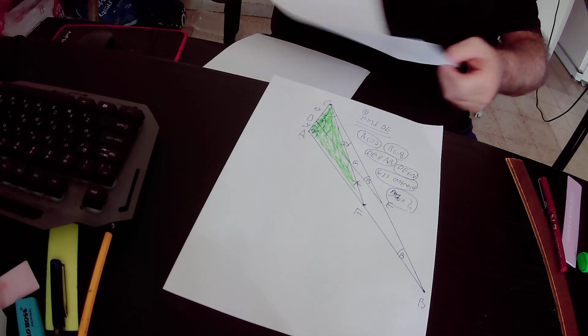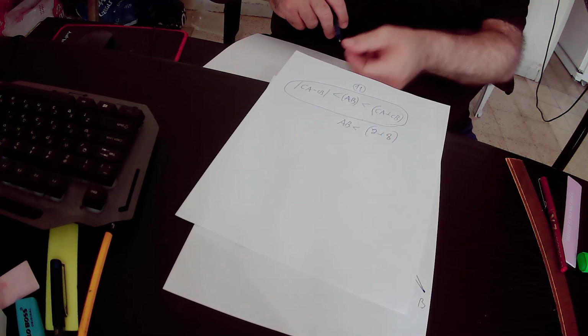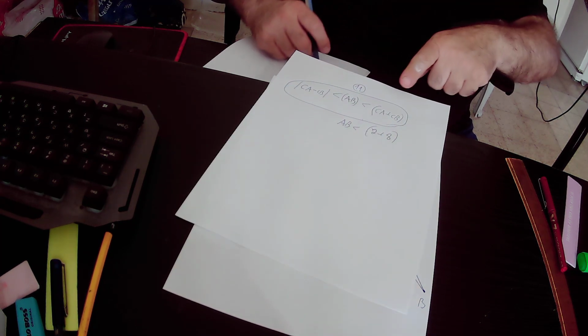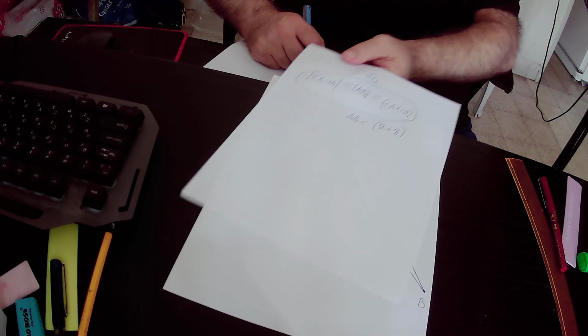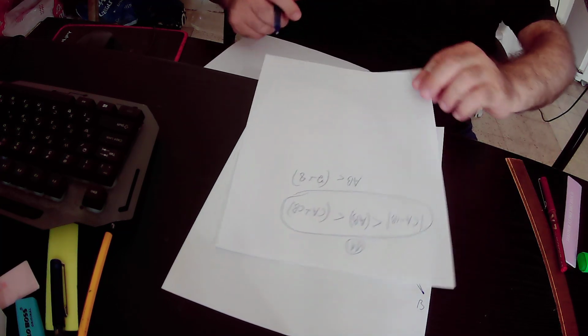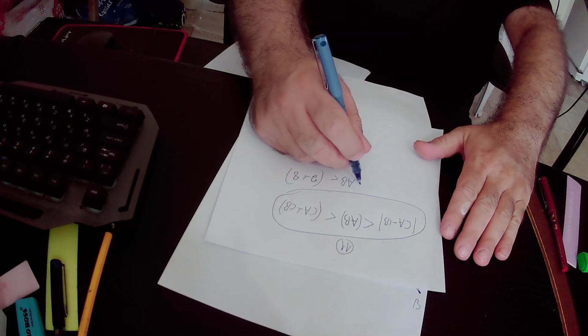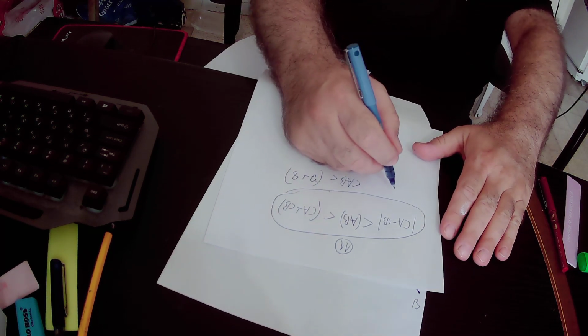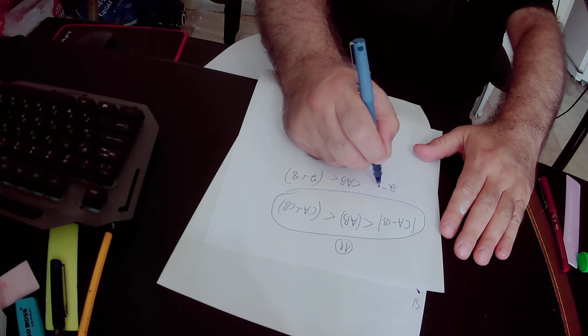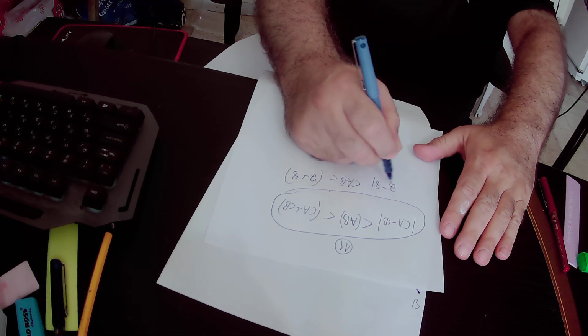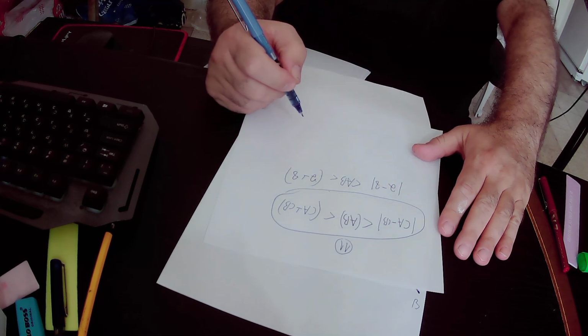So AB will be always smaller than CA, that is 2, plus CB, that is 8, and it will be always greater than the difference between those two sides, or the absolute value of the difference between the two sides.